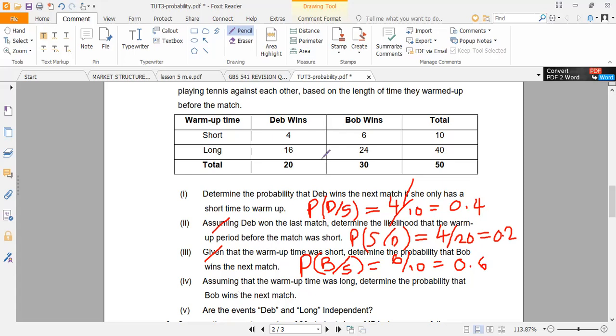Number 4. Assuming that warm-up was long, determine the probability that Bob will win the next match. So what are we doing?